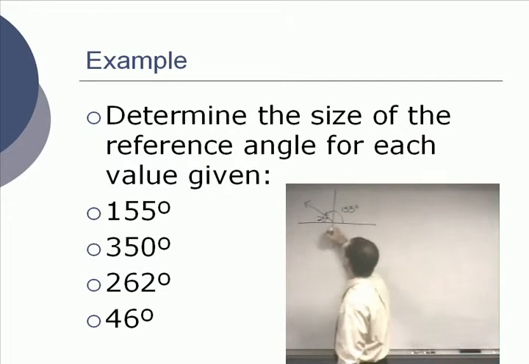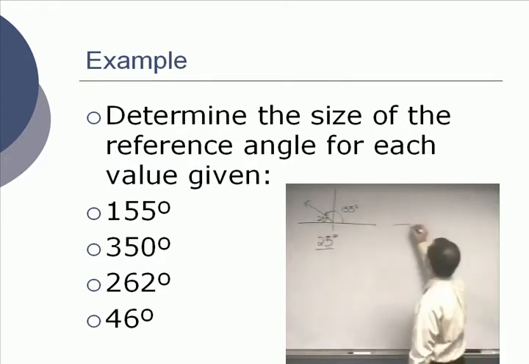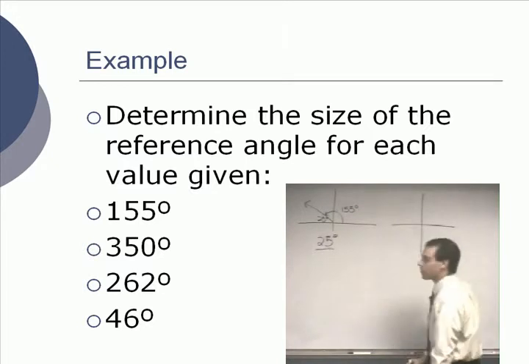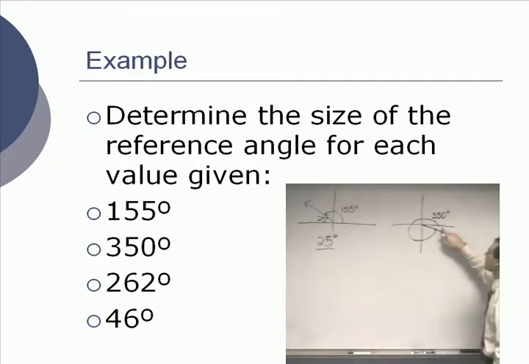So your reference angle for the 155 degree angle would be 25 degrees. What about 350 degrees? 350 degrees, you're going to be down in quadrant 4. There's 350 degrees. So your reference angle is 10 degrees.